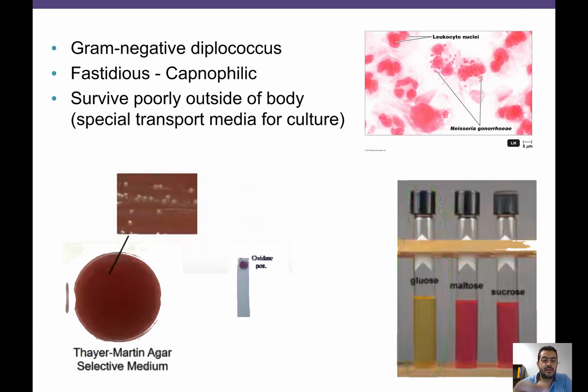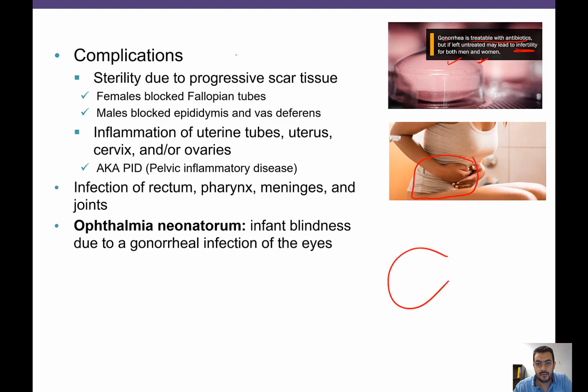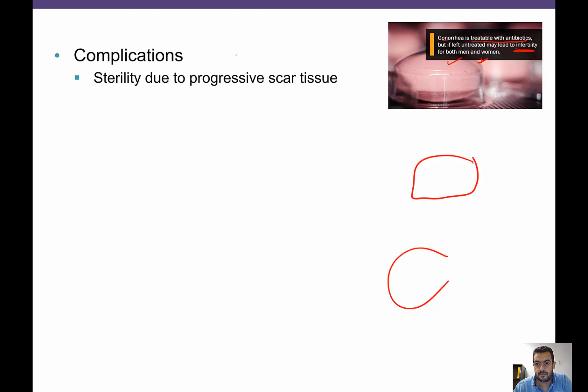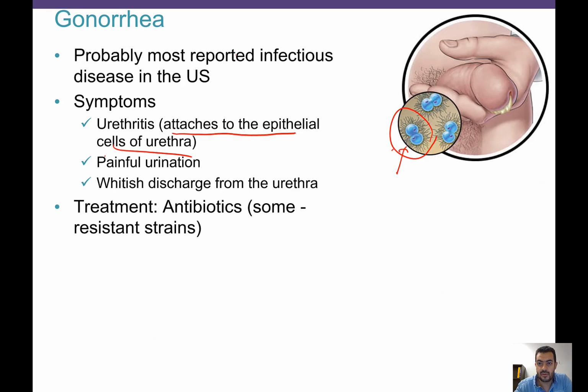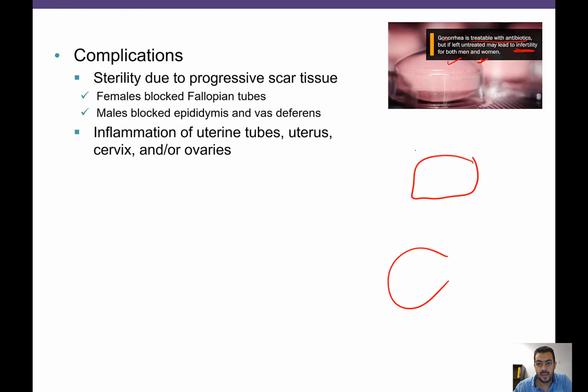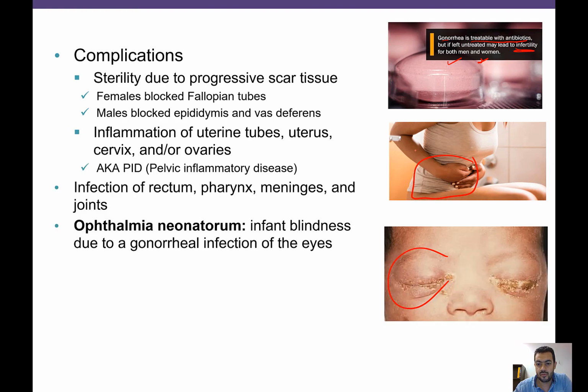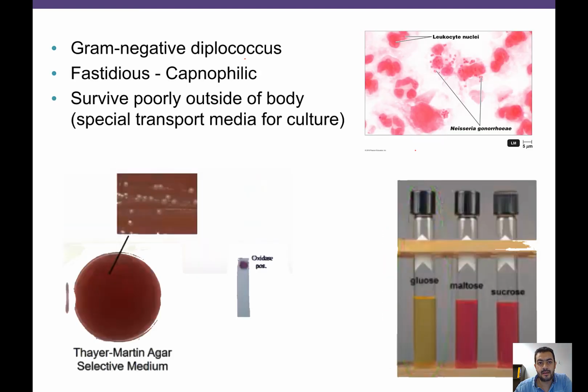As we said, it is a gram-negative Diplococci. If you go back to this slide, you will see that it is a Diplococci organism, and if you do a gram stain, you will see gram-negative Diplococcus bacteria. This gram-negative Diplococcus bacteria is intracellular, so it lives inside the leukocytes, the white blood cells.